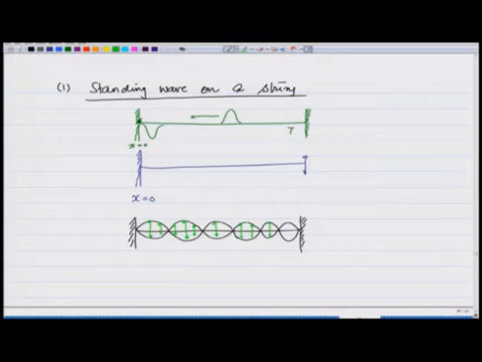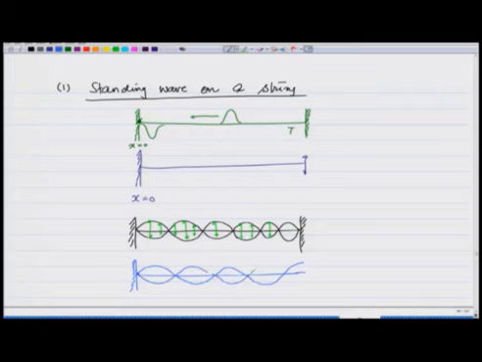On the other hand, if I have this string tied at one end and vibrating on the other side, I would have a 0 net displacement at this point and the largest possible displacement at the open end. This is going to be moving up and down, and all these points are then going to be moving up and down by the same amplitude.